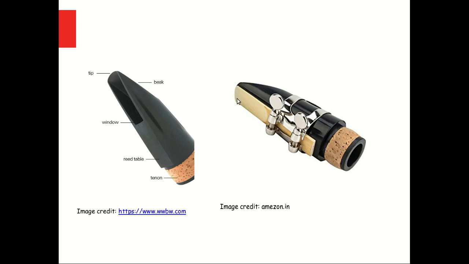These vibrations in the reed set up vibrations in the air column present in the overall structure of the clarinet. So there is a resonance between the vibrations of this reed and the vibrations of the air column inside the clarinet body. These vibrations thus produce a sound wave.